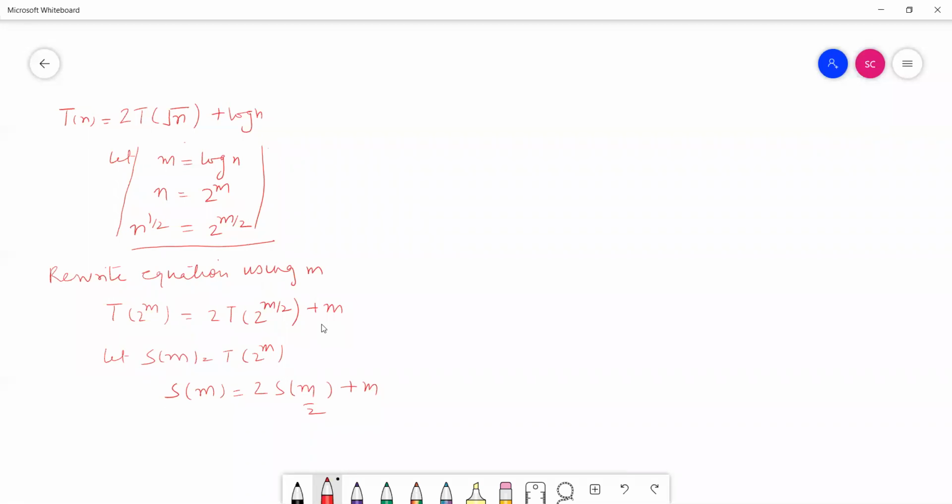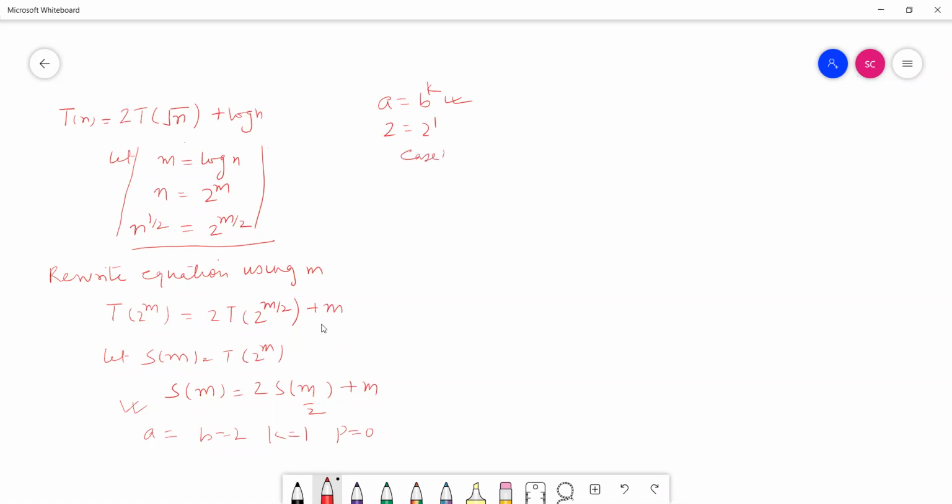Now you can solve this equation either using the recursion tree method, substitution method or master method. So let's solve it using the master method. So a value is 2, b value is 2, k value is 1, p value is 0. So a is equal to b to the power k, because 2 is equal to 2 to the power 1. So when this is equal, we'll check the value of p.